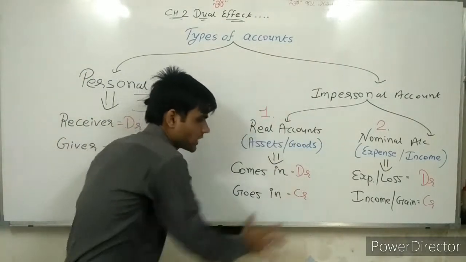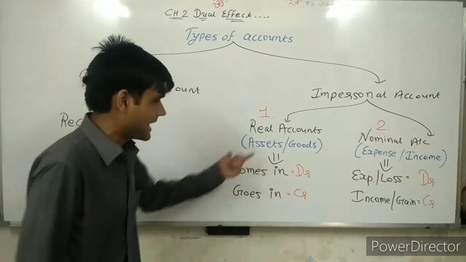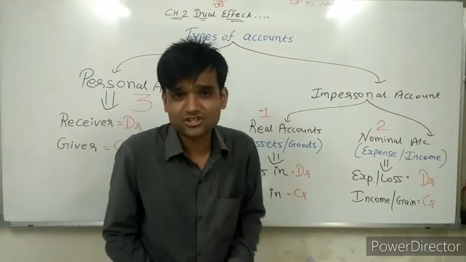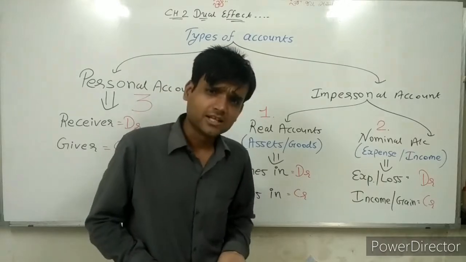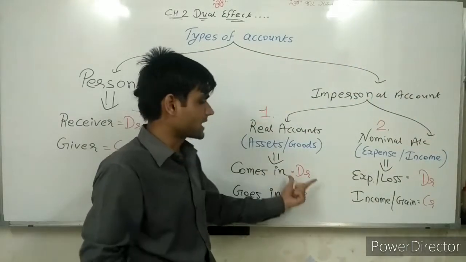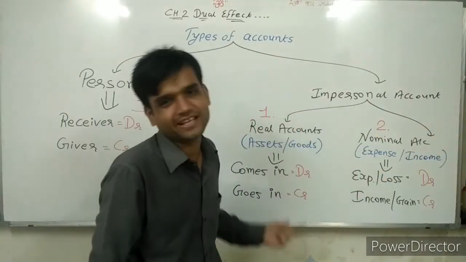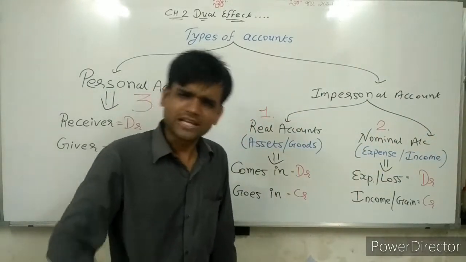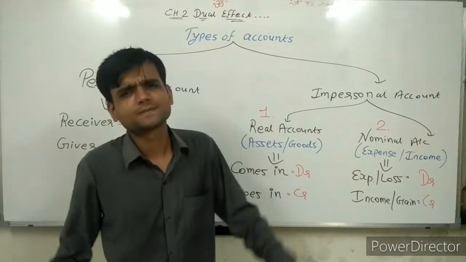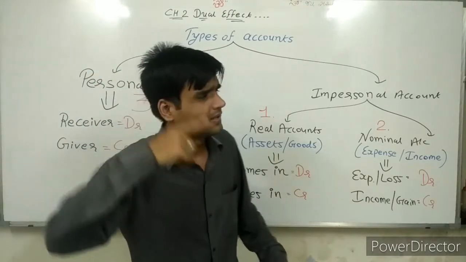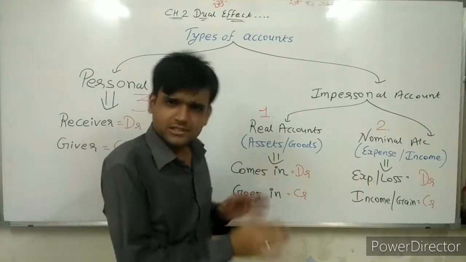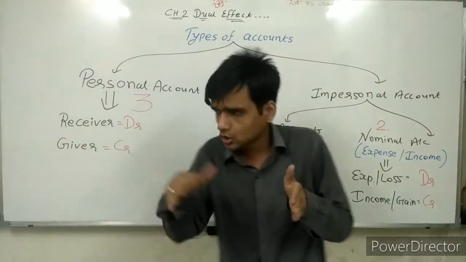So this is the important one. Even asset means cash. Cash is our asset. If cash comes in, we are debiting it. If cash goes out, we are crediting it. So whenever we are applying a rule, don't worry. Just think. We are talking about an asset and goods. An asset can come in or go out.